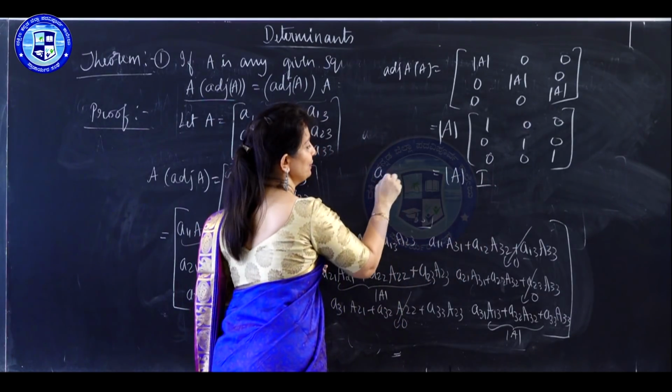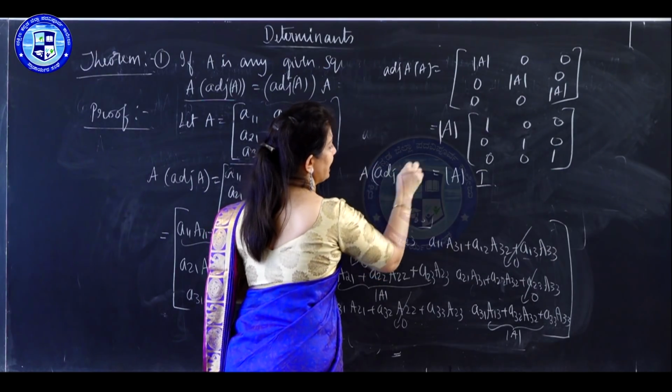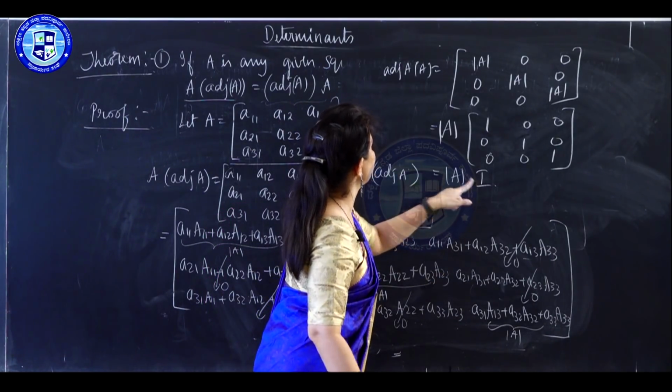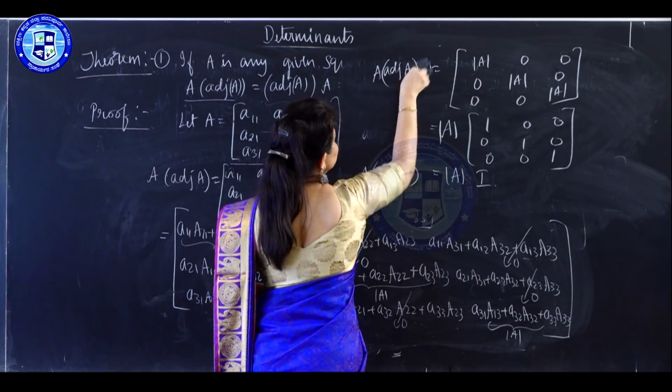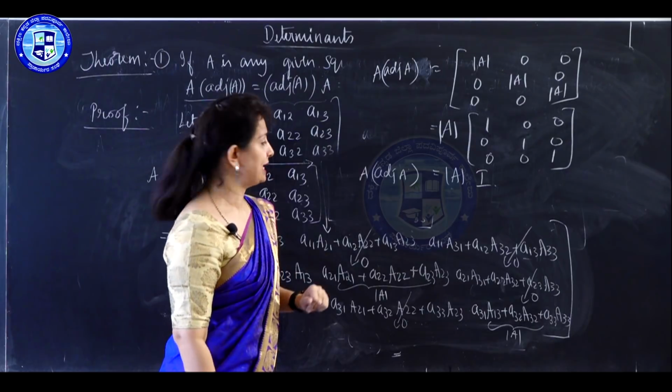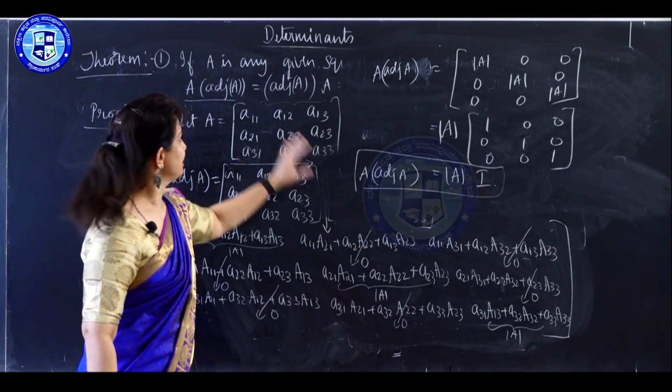So what did we prove? A into adjoint A is equal to determinant A into I. This is the first proof.